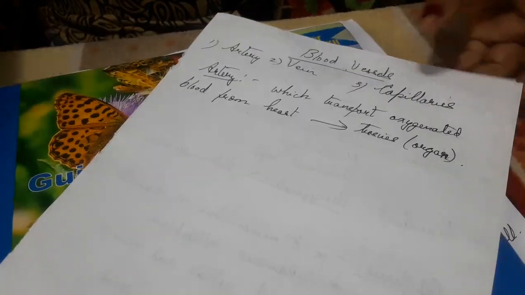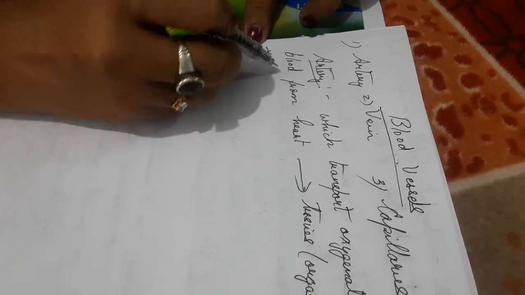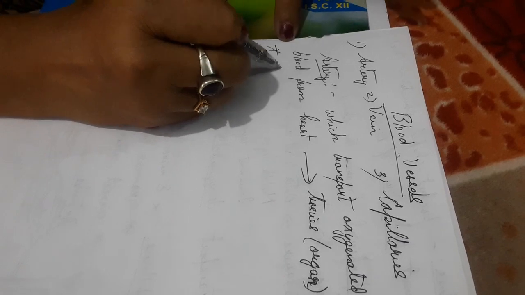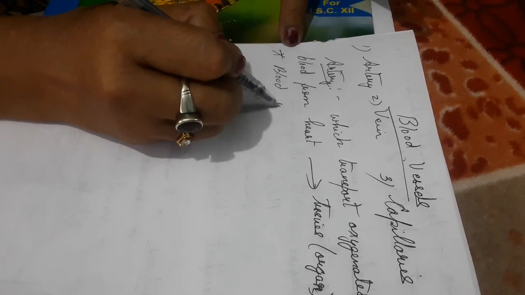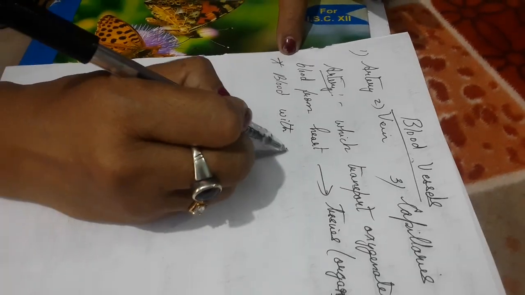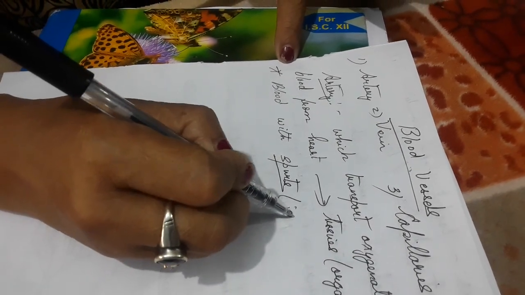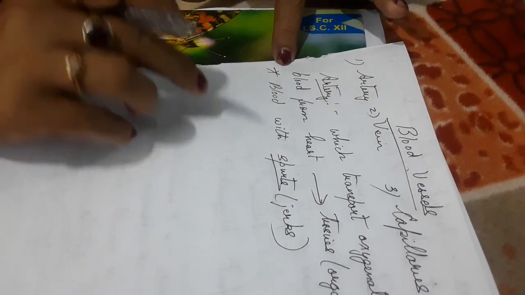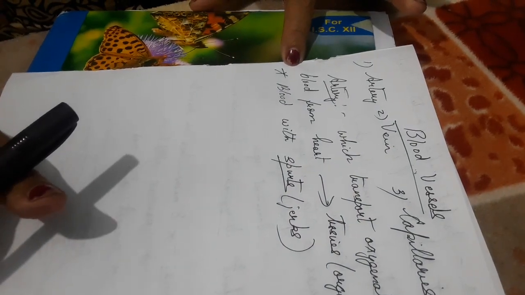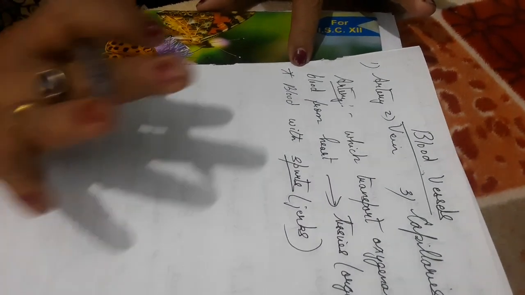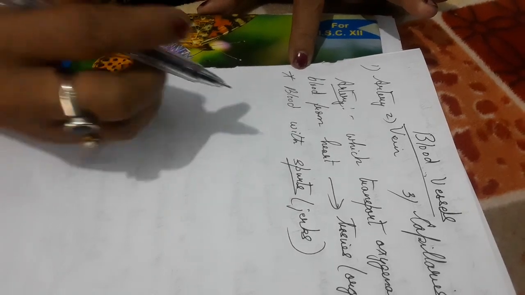In arteries, another important feature is that the blood flows in it with jerks or spurts. Spurts means jerks. Why? Because the blood flows at a high pressure. So blood flows with spurts.